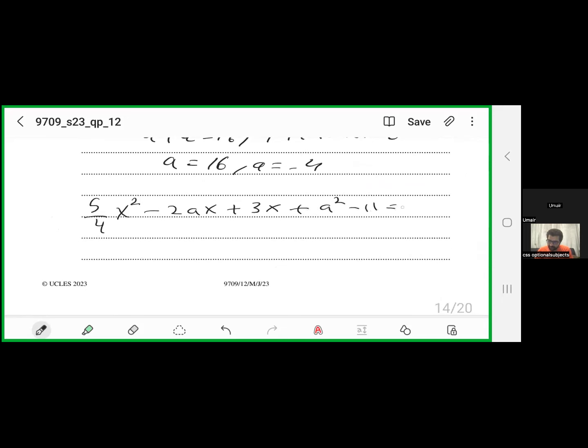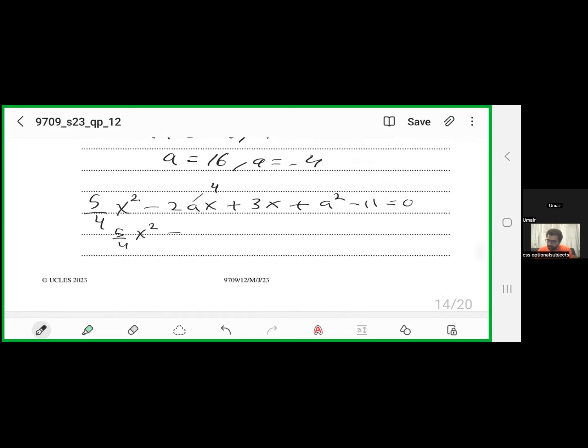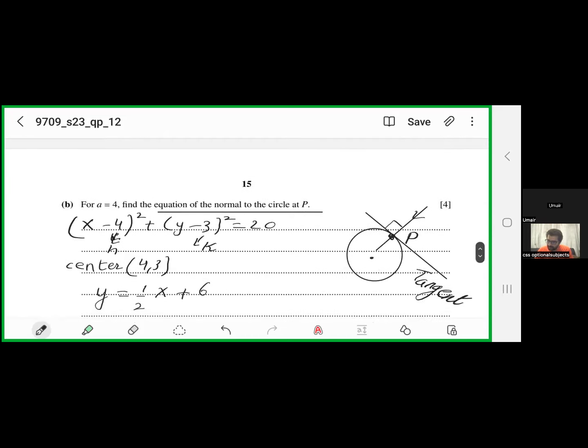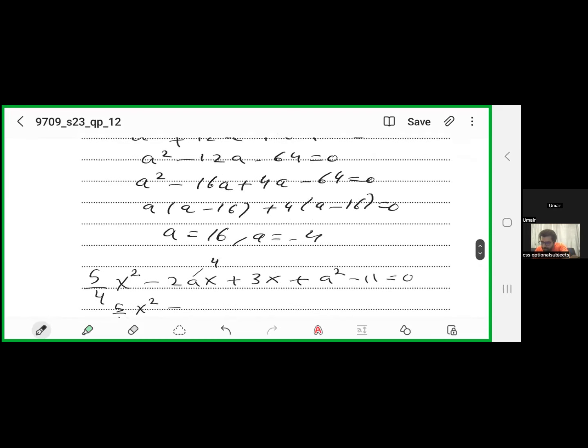I'm going to use the value of a, which is 4. So 5 over 4 x square. In place of a, use 4. We are using a equal to 16 and a equal to minus 4. Let me see this thing again.